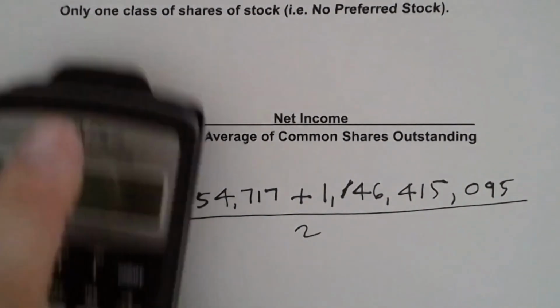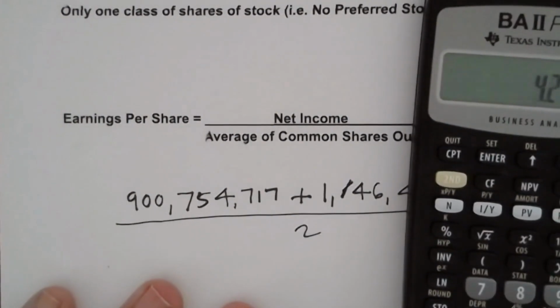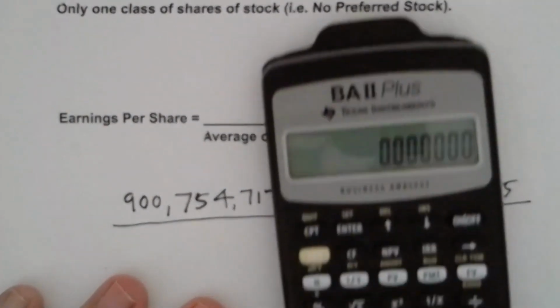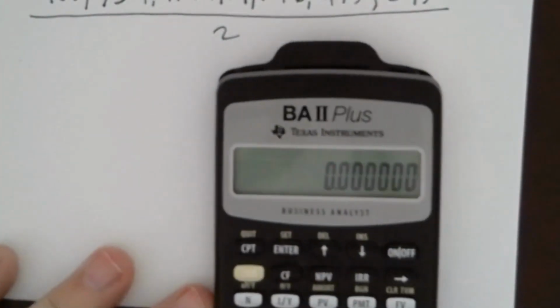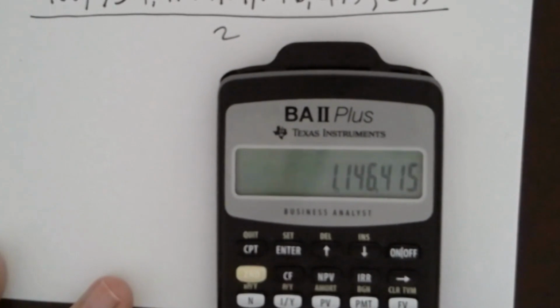I'm going to go ahead and use my calculator so we can be as accurate as possible with this information. So we're going to start out with 900,754,717. And add to that 1,146,415,095.